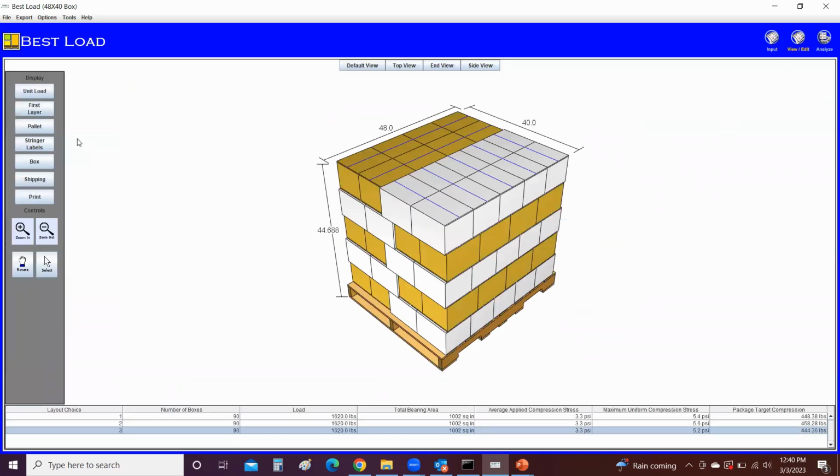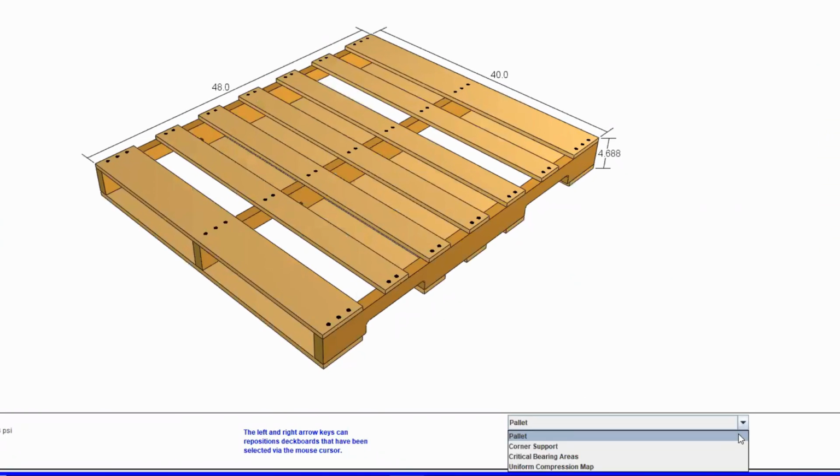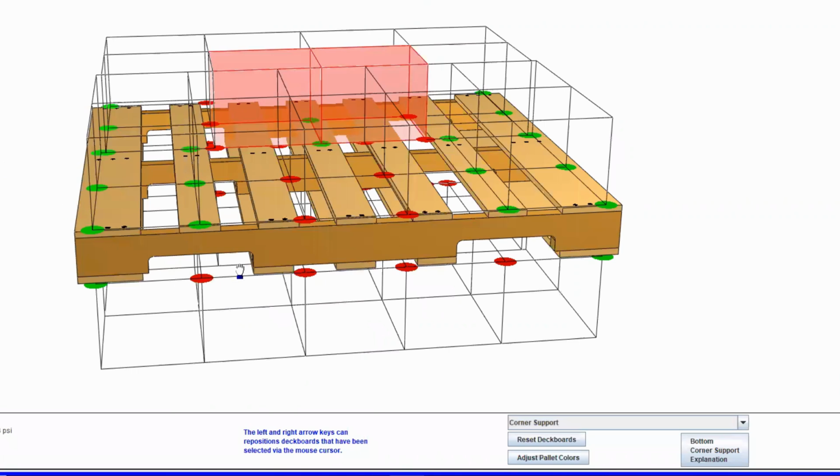So we must focus on the interface between the pallet and the packaging system. Here, we can see which box corners are supported versus unsupported and which boxes are under the highest stress.